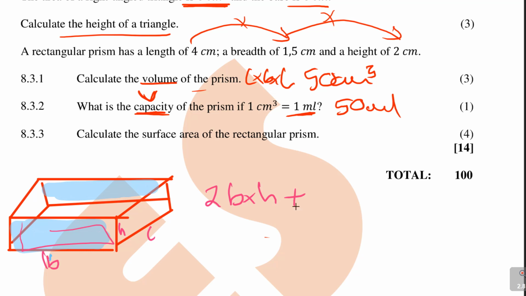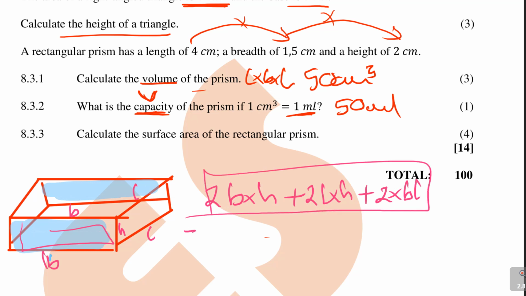Then plus L times H, also multiplied by 2. Plus, now we have the top. The top is L and B, so 2 times L times B. Then the answer you get is your surface area. Okay, so that is that.